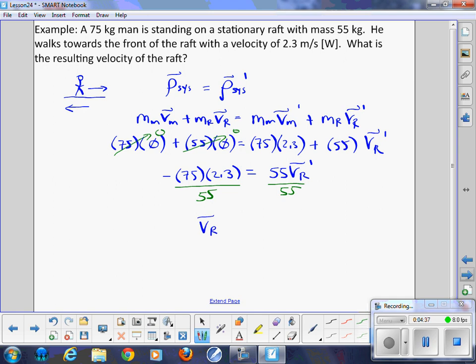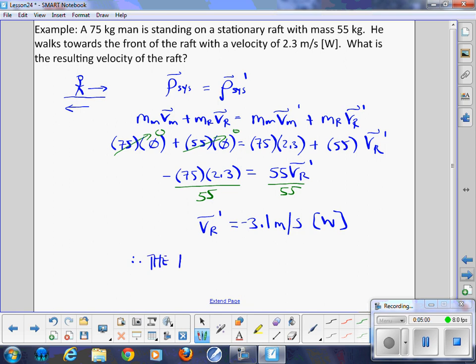And when you do your calculation, the velocity of the raft is negative 3.1 meters per second. What did I assume in there? I said west was positive, which is kind of counterintuitive. So that makes sense: if the man moves to the west, then the raft will move to the east.